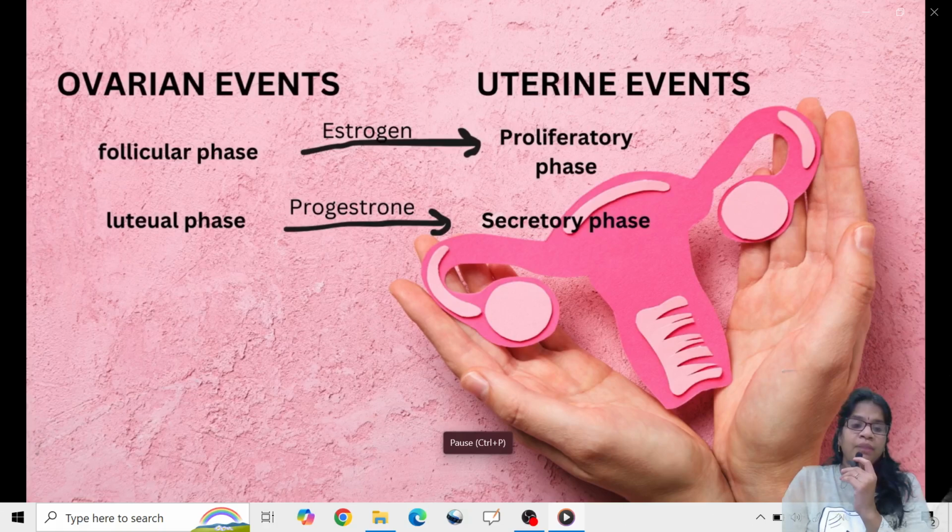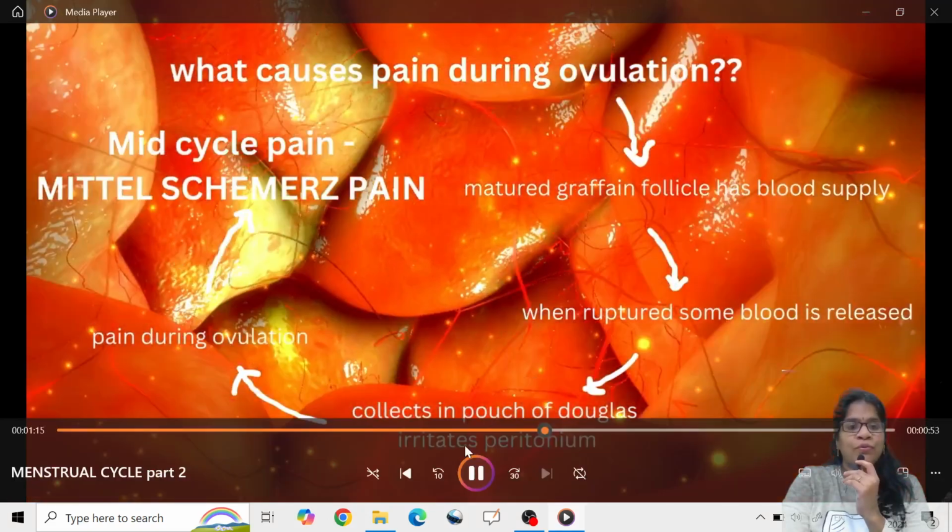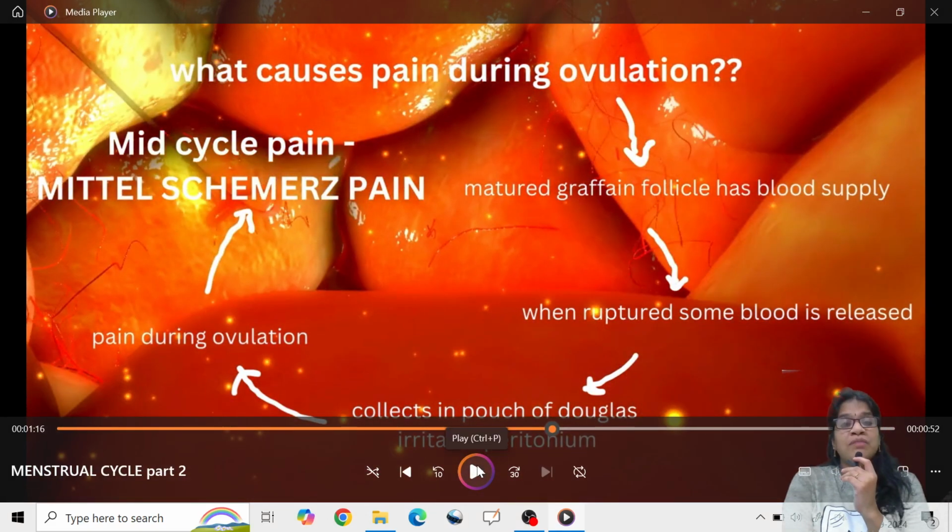Now, an important thing I want to talk about: there are many females who experience pain during ovulation also. So let's talk about that. What causes pain during ovulation?